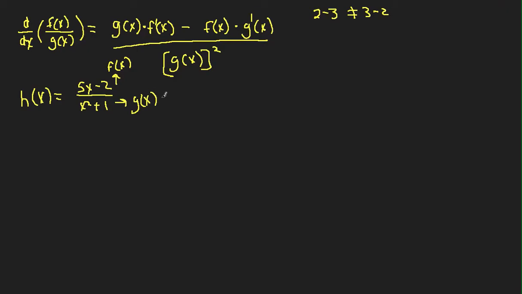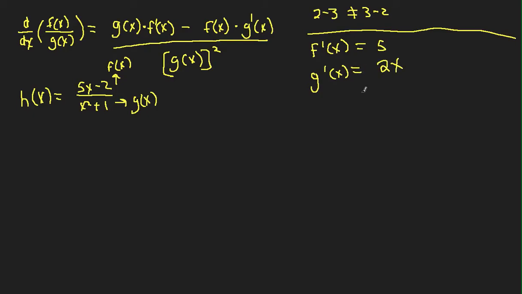Just like with the product rule, I like writing it to the side and planning it out before I even touch the formula. So my f prime of x, the derivative of 5x minus 2, is just 5. And my g prime of x, the derivative of the g function, is just 2x. So we're not dealing with hard derivatives, so hopefully the algebra won't be too bad.